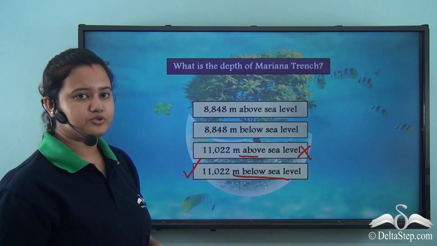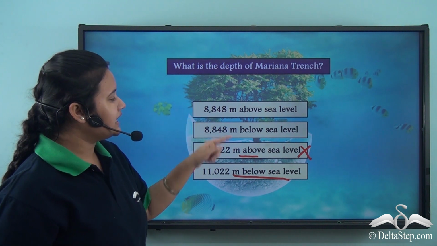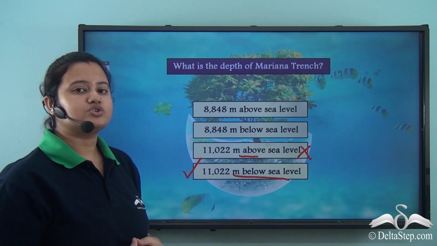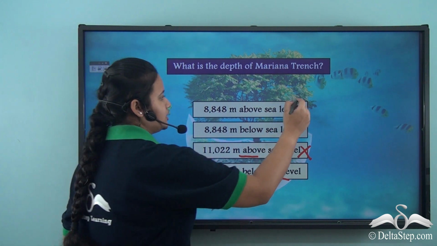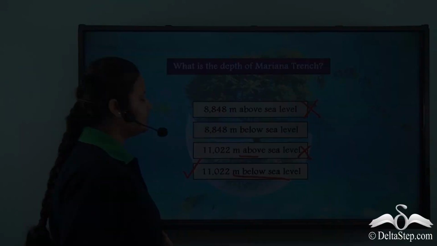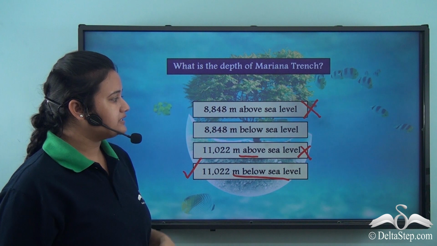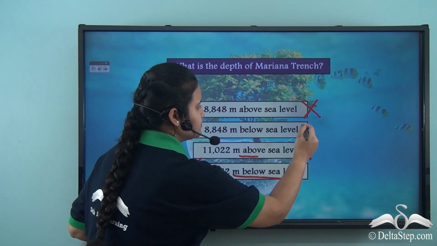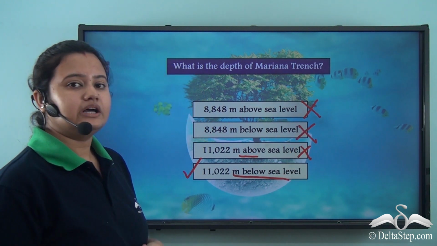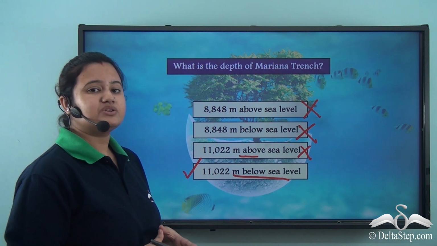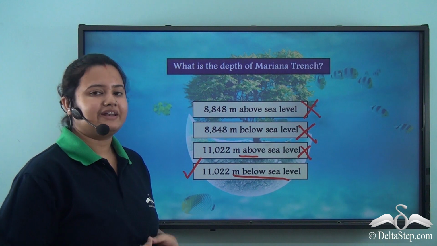Also, the first option, that is 8,848 meter above sea level, is the altitude of Mount Everest. So, this option is also incorrect. Also, the second option, that is 8,848 meter below sea level, is also incorrect. So, the correct option is 11,022 meter below sea level is the depth of Mariana Trench.